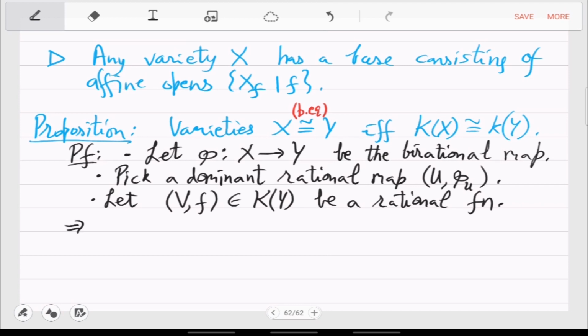So what is phi_U inverse of V? Well, first thing I need is, why should this V be in the image of phi_U? Is that clear?